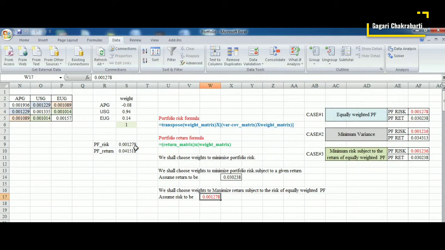So weights have been changed. So now the US market once again is getting the highest weight. So that is the case if we do not put any restriction on the short selling.